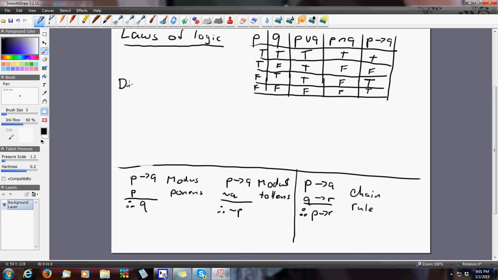And it's called De Morgan's Law. All right, so you might want to get this down. De Morgan's Law, and there's two of them.